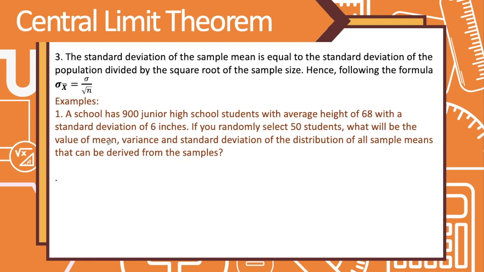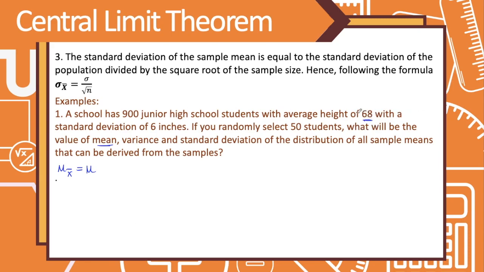So, first, let's solve for the mean of the sample means. In central limit theorem, it states that the mean of the sample mean is equal to the population mean. And the population mean is given in this problem. It was stated na itong 900 junior high school students, ang average height daw nila ay 68.